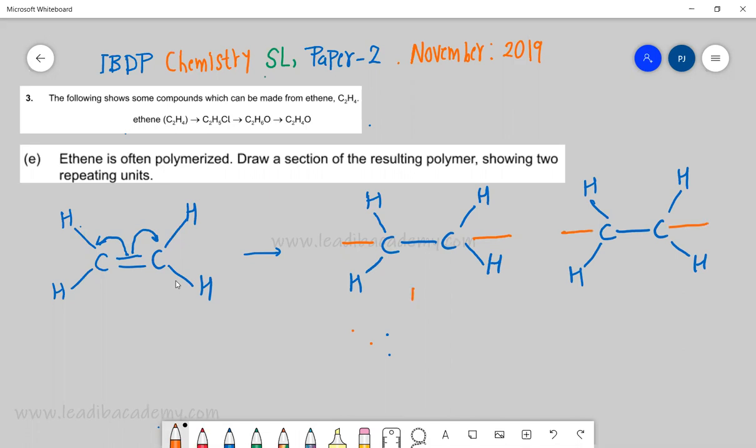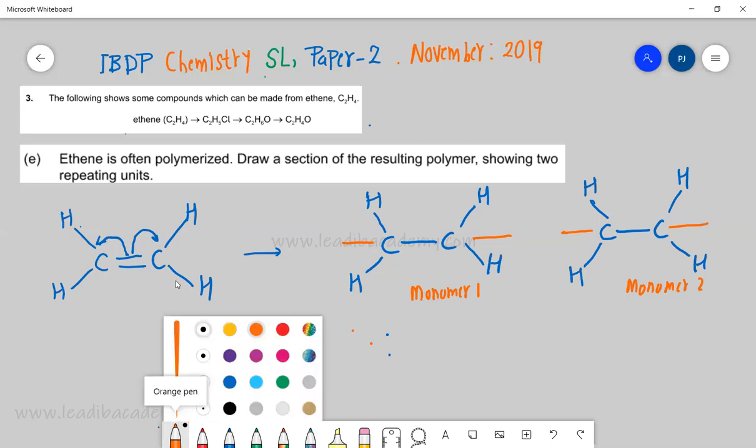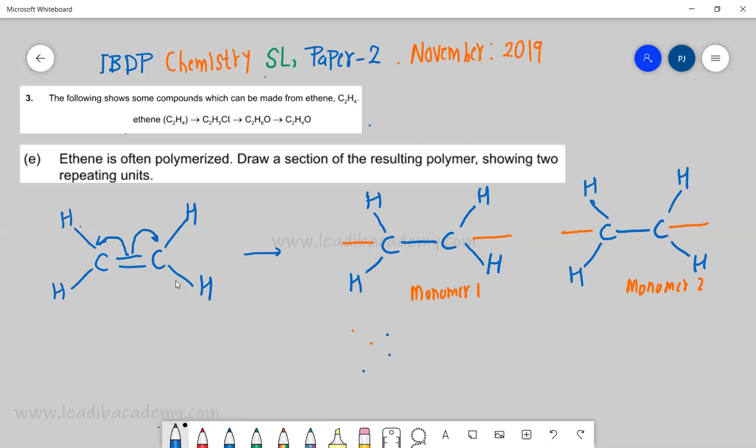So this is monomer 1, this is monomer 2. And now what is going to happen is that they are going to get attached, and finally we will get like this, C H H is one unit and second unit.